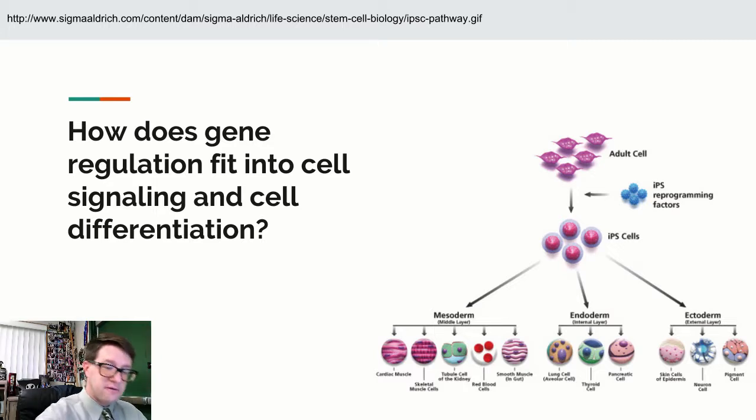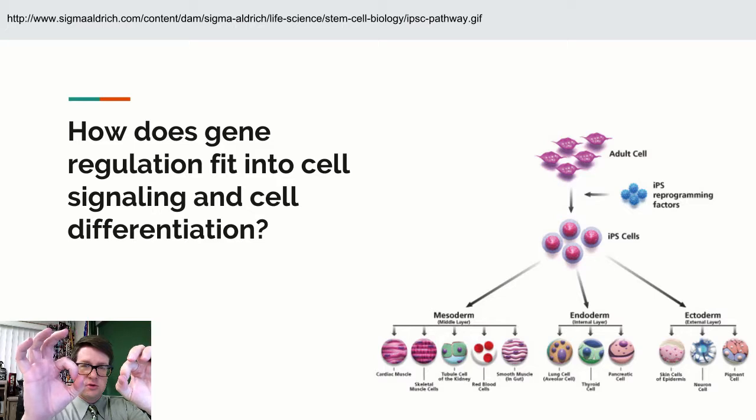Because they are in different environments, that means different signals, which means different genes are turned on or off, which means ultimately they're set on a path. And if cell 1 gets a different signal than cell 2, or if this cell turns on a gene and this cell doesn't, this one ultimately will behave differently than this one will.